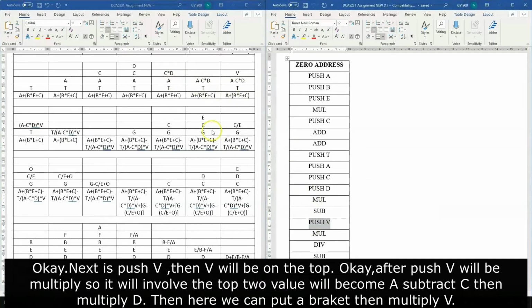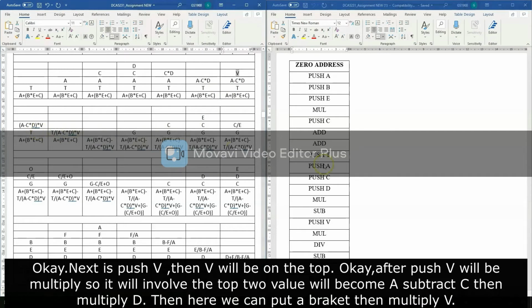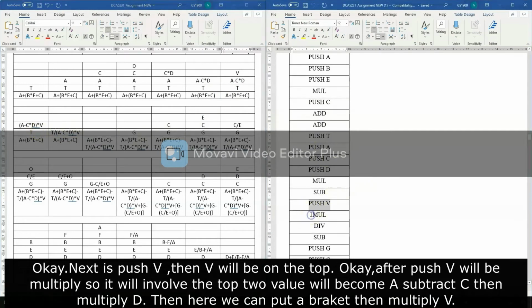Okay, next is push V. Then V will be on the top. Okay, after push V will be multiply.